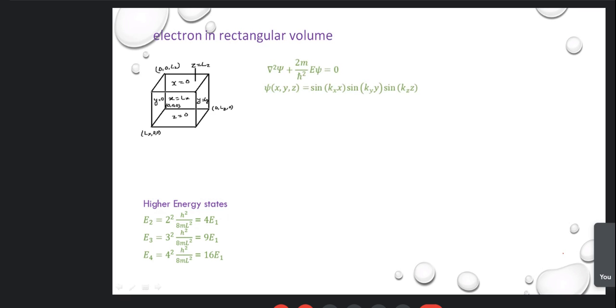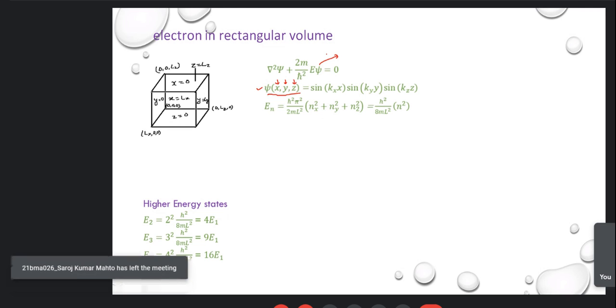So now you have to solve it. It is now a function of all the 3 variables. It is not only depending on x, but still we are dealing with the time independent wave equation, the time independent Schrodinger's equation. The wave function is what it is, time independent.